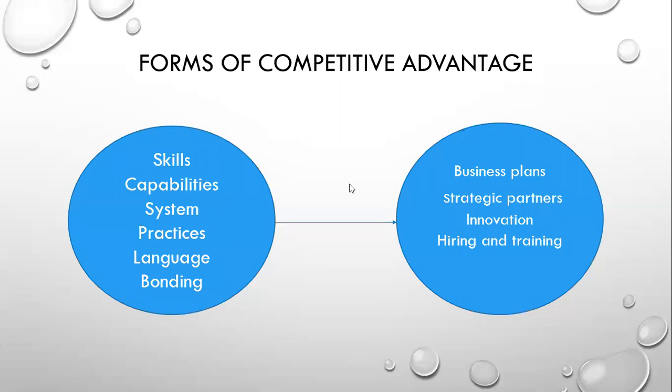On one side there are forms like people's skills, capabilities, system, practices, language, bonding, means relationship. These, when taken individually, you can say all these things are the forms of competitive advantage. When you take the organization as a whole, you can say these things are the different forms of competitive advantage or things which contribute to competitive advantage.